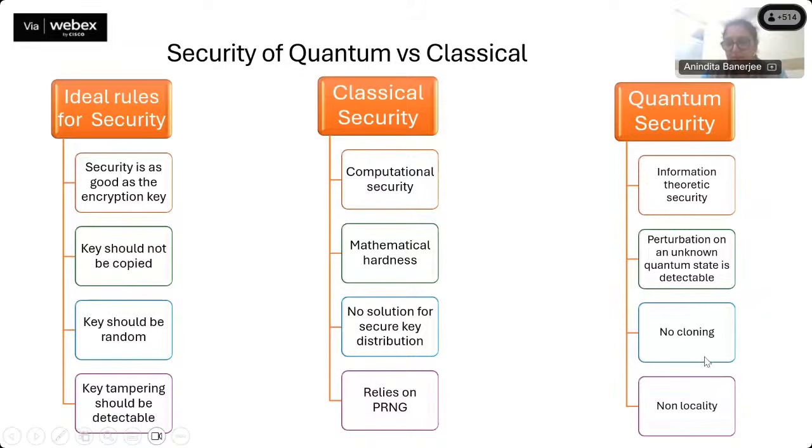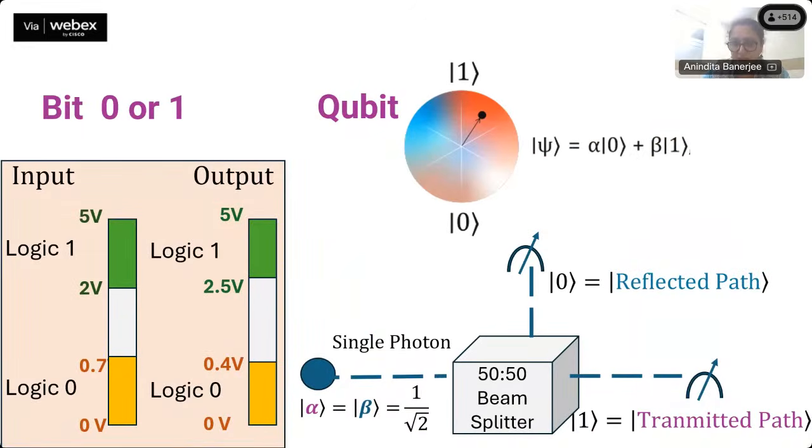Non-locality is again a fundamental principle. Perturbation of an unknown arbitrary quantum state is detectable. If anybody is trying to monitor the state, it will throw some light on the state and it will change its property. So in the quantum world, any mischief can be identified. That is the reason we are saying that quantum will give you a future-proof, or provable, quantum security.